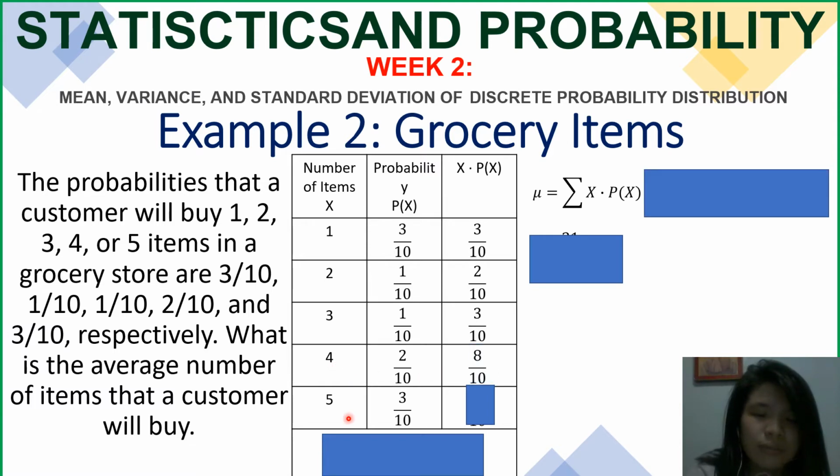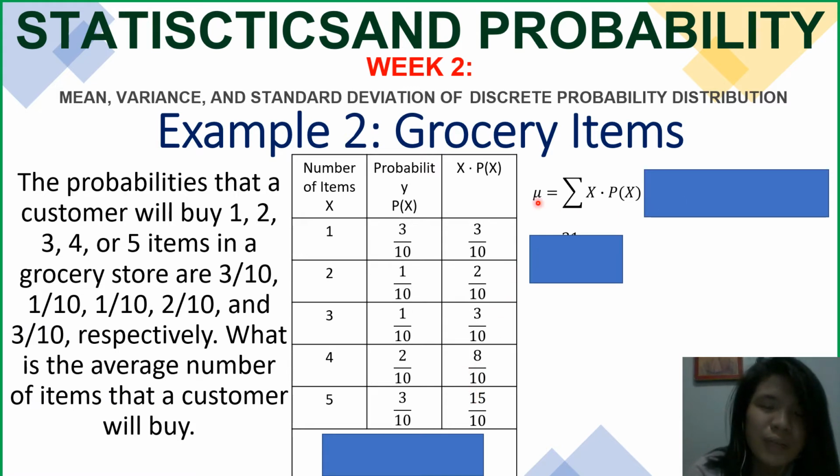And lastly, 5 times 3 over 10 is 15 over 10. Ngayon, bakit hindi natin sila sinisimplify? Para madali po nating makuha yung summation nila. Because adding similar terms, magkakapareho yung denominator nila, i-add na lang natin yung numerator, then copy the denominator, right? Okay.